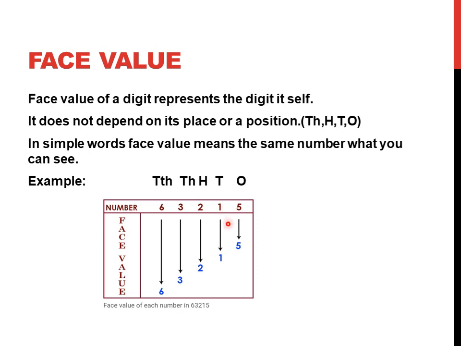The face value of 1 is 1. The face value of 2 is 2. Face value of 3 is 3. The face value of 6 is 6. Suppose if you have 9, the face value of 9 is 9. The face value of 0 is 0. So, did you understand, children?